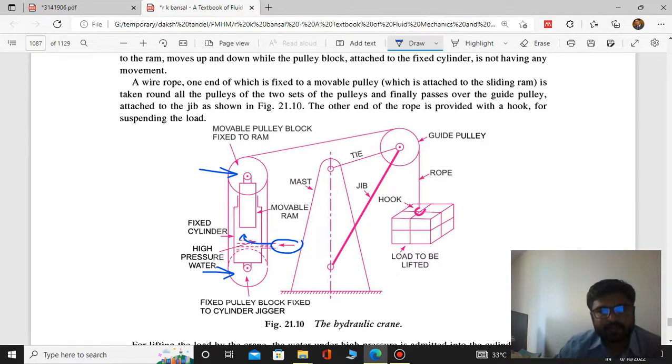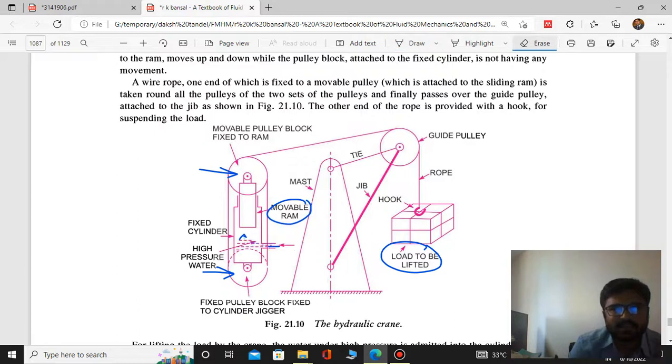Suppose you apply liquid here, so what will happen? This movable ram will move, and the distance between the pulleys will change, and because of that you can lift or unlift this load by applying oil or removing oil from here. So this is the basic principle of hydraulic crane. So no need to explain in detail.